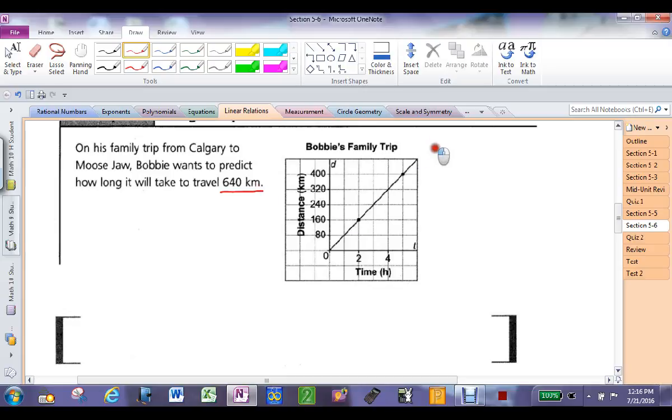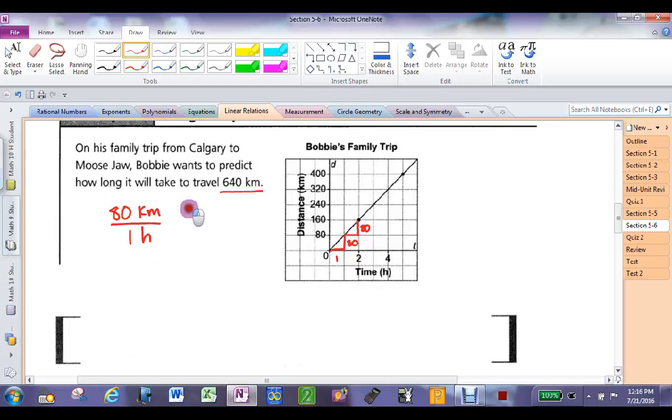Well, is this a linear relation? Yes. When I go 1 this way, how far up do I go? 80. Right? And that's going to go on and on and on, isn't it? Now, we already know that 80 km is 1 hour, yes?